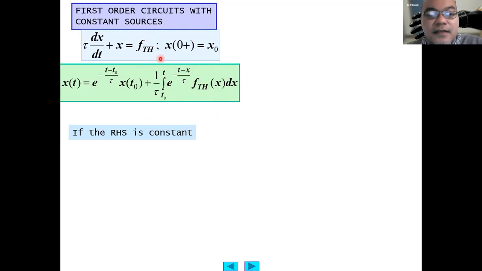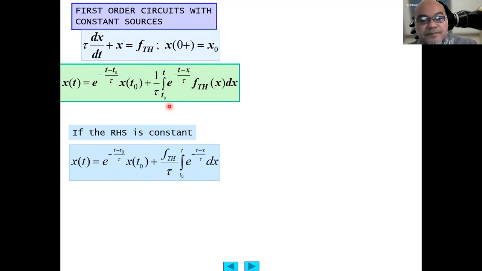Now if the right hand side of the equation is constant, this f is constant, it means it is not a function of time. So it is constant for all x from t0 until t, so this term can be taken out from the integral.